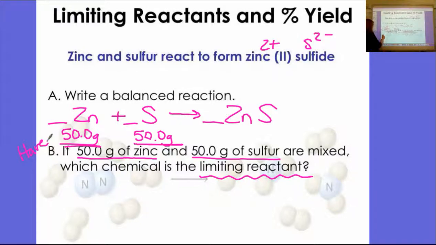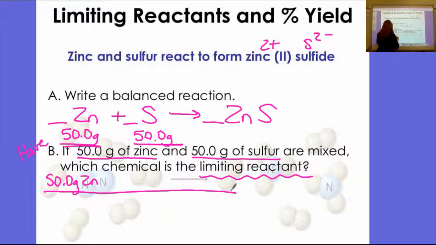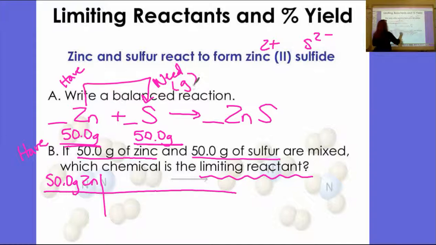So, just because it's written first, I'm going to start with 50 grams of zinc. I want to convert grams of zinc, which is what I have, to how much do I need in grams of sulfur. If I have grams of zinc up top, I need to know the molar mass of zinc on the bottom.